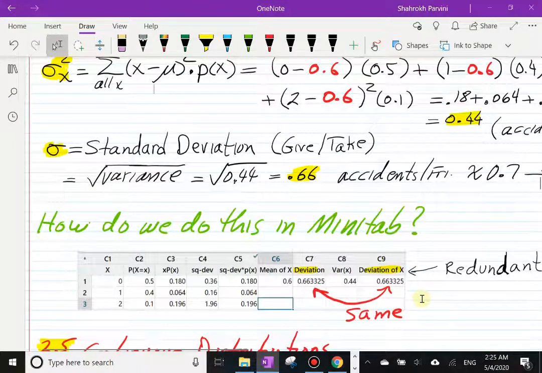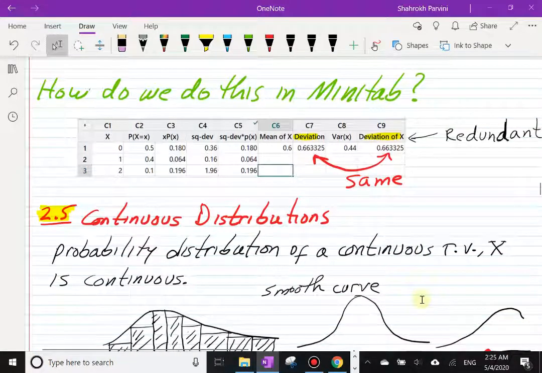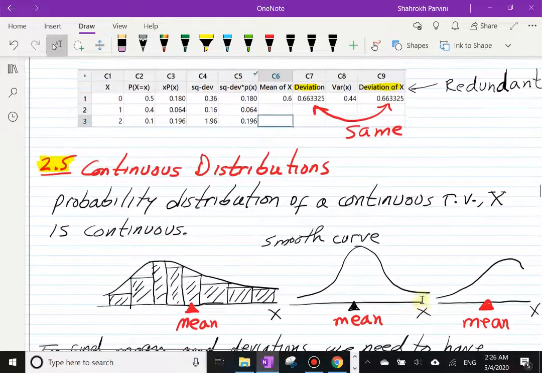We're done with this section, by the way. In our next section, section 2.5, I'm really not going to do much in this section. This is like a whole couple of minutes. We're looking at continuous distribution. Well, the probability distribution of continuous random variables will be continuous. And the idea is that with continuous distributions, we have what we call a smooth curve.